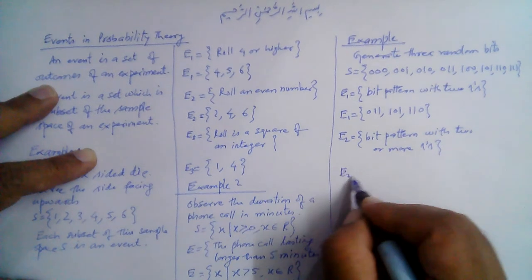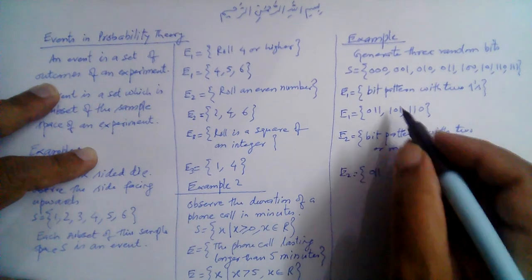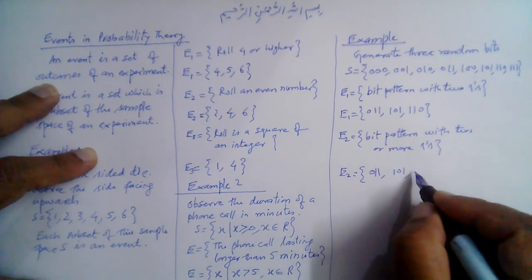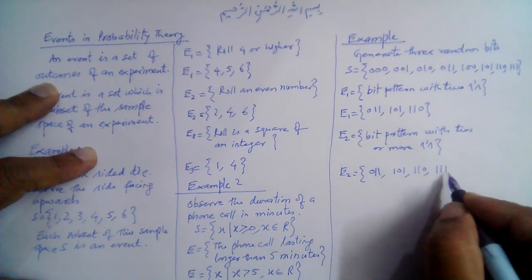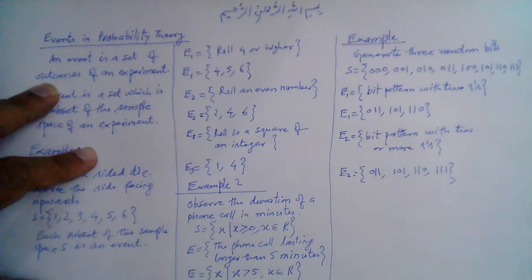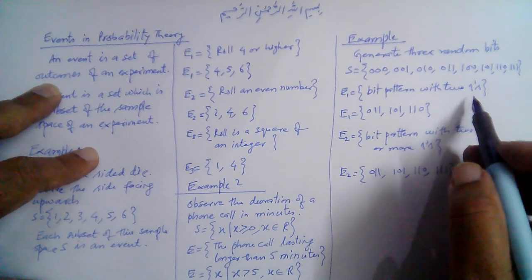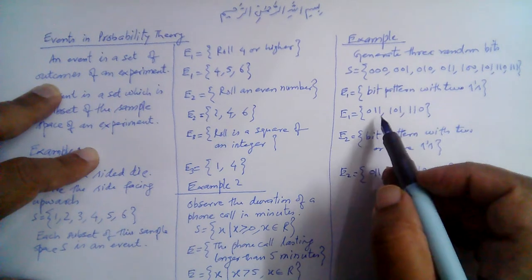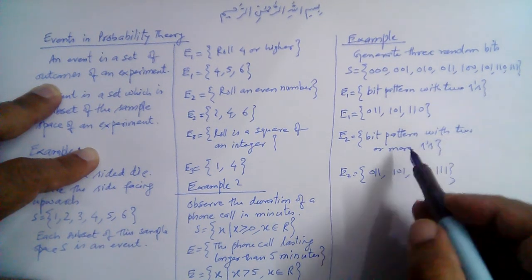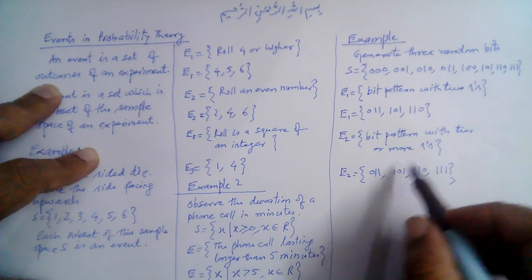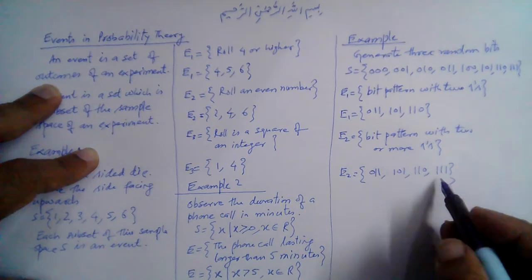So this event will include all these bit patterns, 0 1 1, 1 0 1, 1 1 0, and this one also now, 1 1 1, right? So these two events are different. Bit pattern with exactly 2 ones, exactly is implied, so 0 1 1 and 1 0 1 and 1 1 0 only. And bit pattern with 2 or more ones, so this will be then 0 1 1, 1 0 1, 1 1 0 and 1 1 1.